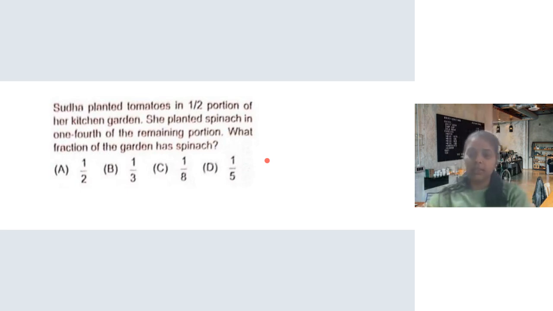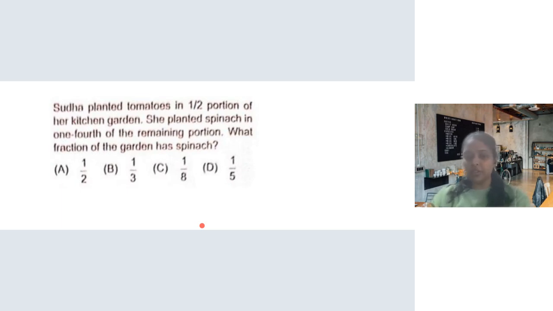Okay, let's try this one. Ma'am, the answer is supposed to be 1 upon 4, but it's not in the options.